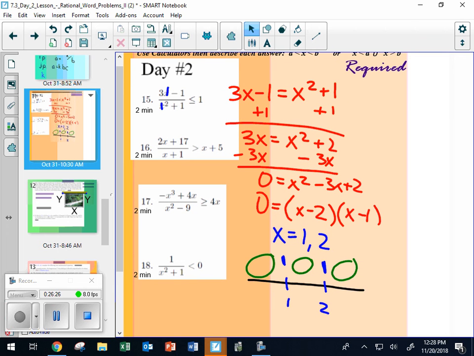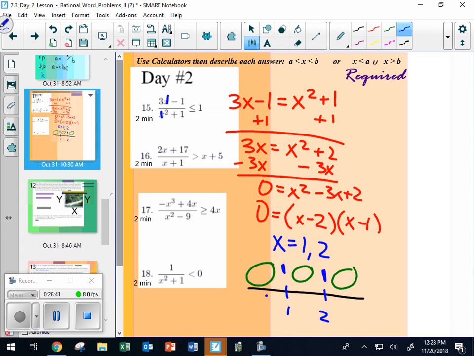So if we look over here, we want a number that is smaller than 1. So we need to do test cases again. What's a good test case that's smaller than 1? 0 would be the easiest. So let's look at 0. If we put in 0 for x, we have minus 1 divided by 1.